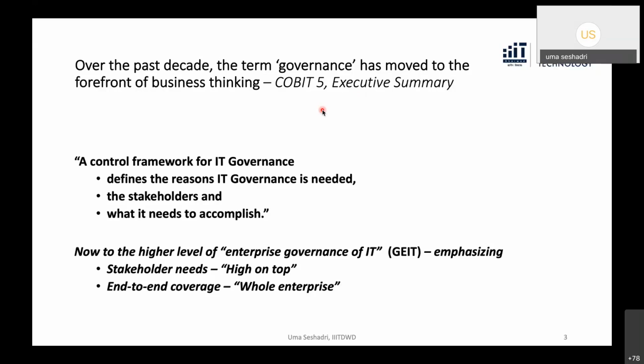I'm using more examples related to companies and organizations. If you have any questions at the individual level, you can assume that if you are doing that activity, this is definitely applicable. But CoBIT is generally not applicable at the individual level, such as managing mobile security. It is applicable at the enterprise level.